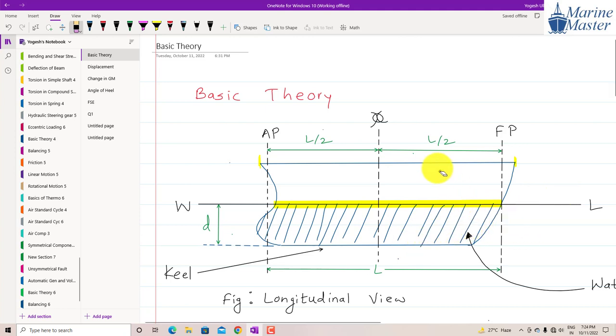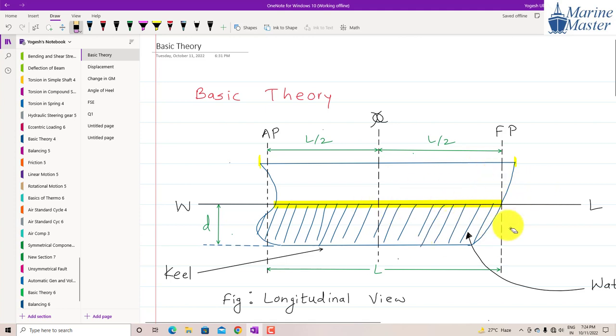Water is displacing. Whatever the mass of the vessel, the same amount of water is going to be displaced. That's why this term comes: displacement, water is displacing. And how much water is displacing? It is equivalent to the mass of the vessel.